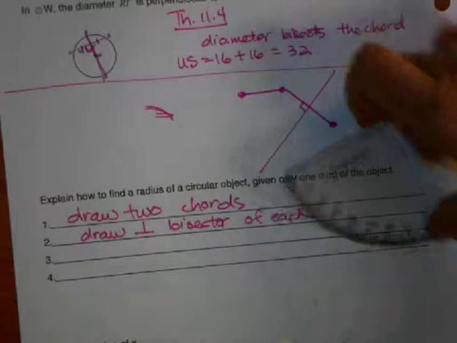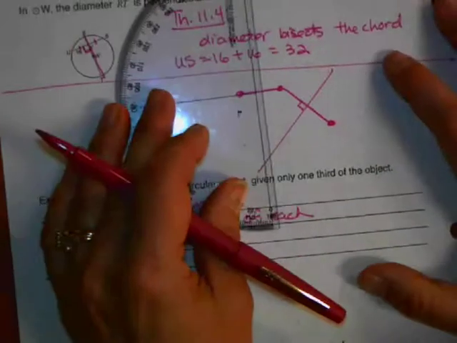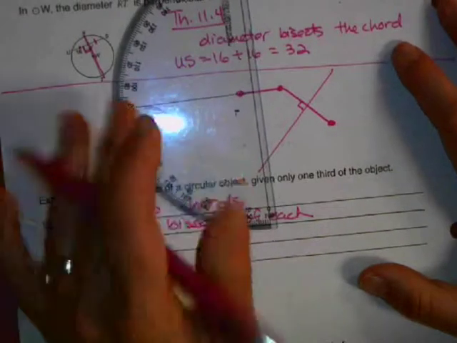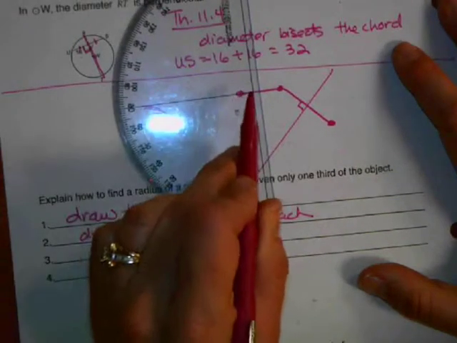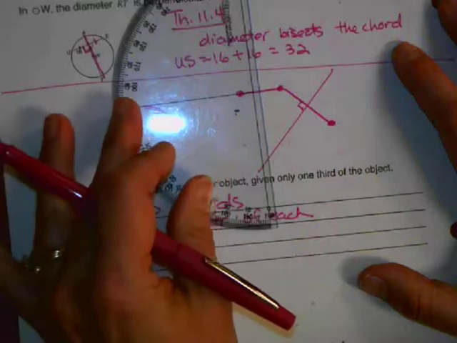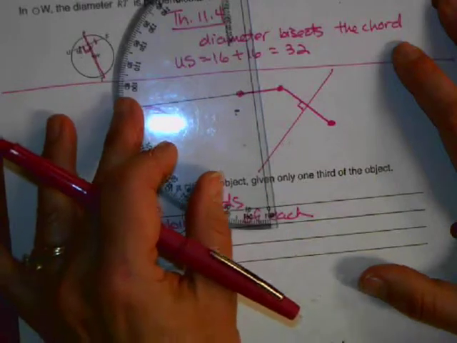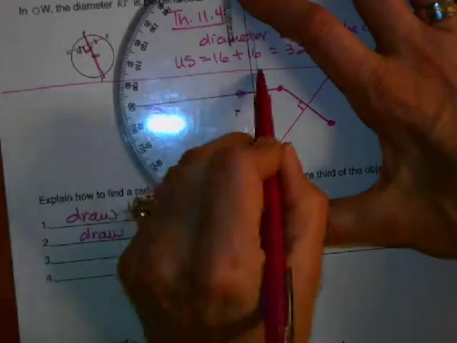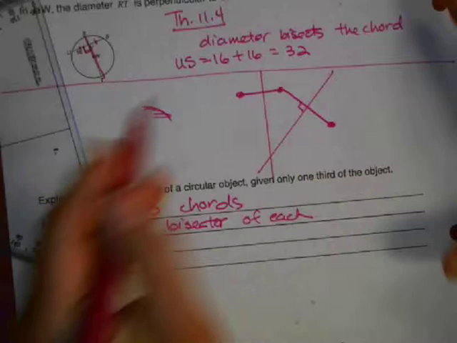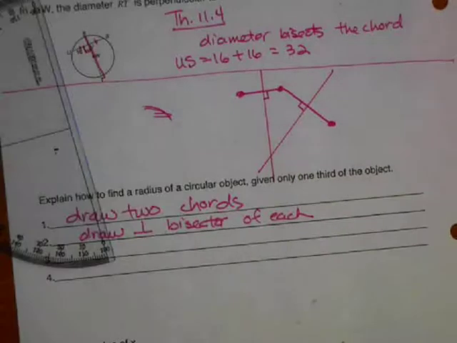And then I'm going to do the same thing with my other chord. I find the center, make sure that this line is lined up so I know it's perpendicular, and draw the perpendicular bisector there as well.